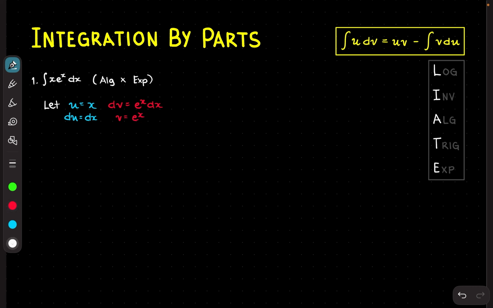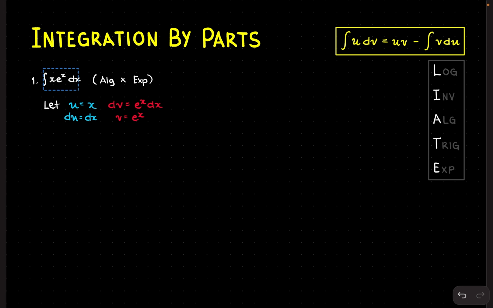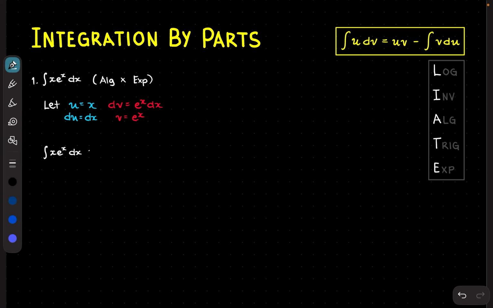So once we have this, then by the IBP formula, this becomes first uv, so this is u, and then this is v, minus the integral of v, which is e raised to x, du, which is dx.